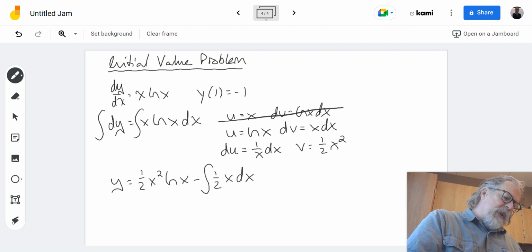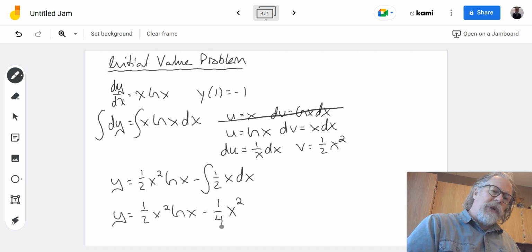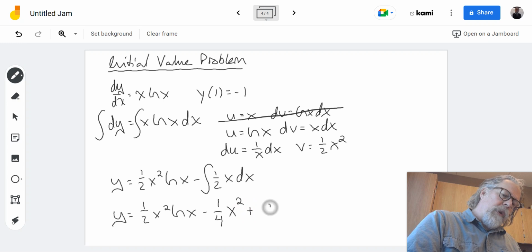And that means my next line can be 1/2 x squared natural log of x minus the antiderivative of 1/2 x. Well, that's got to be an x squared, and that means I need a 1/4 in front of that, plus a constant.